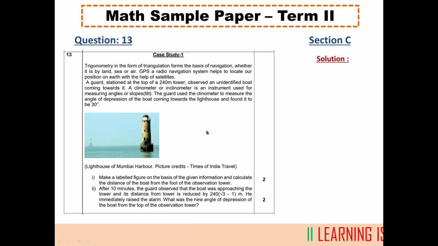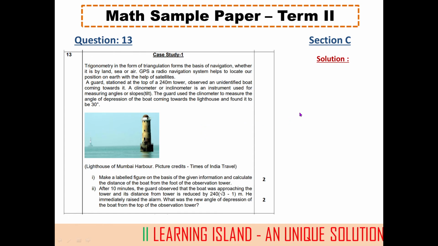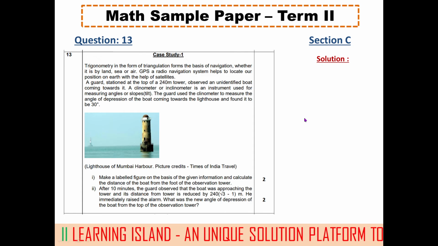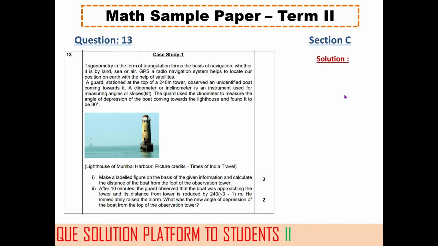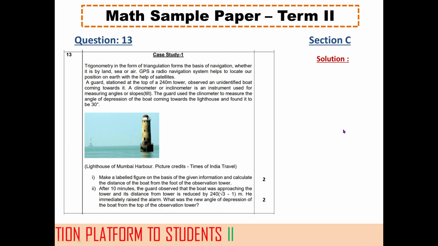Question number 13. What is said in question number 13? A guard is stationed at the top of a 240-meter tower. There is a powerhouse from where they trace the location of the ship.